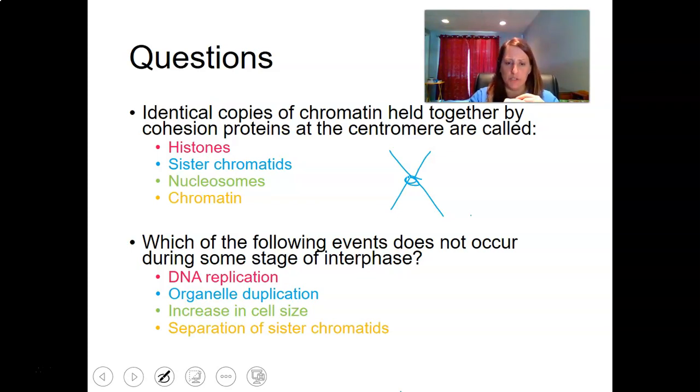Okay, next question. Which of the following events does not occur during some stage of interphase? So we're talking about interphase. DNA replication, organelle duplication, increase in cell size, or separation of sister chromatids. Which one does not happen during interphase?